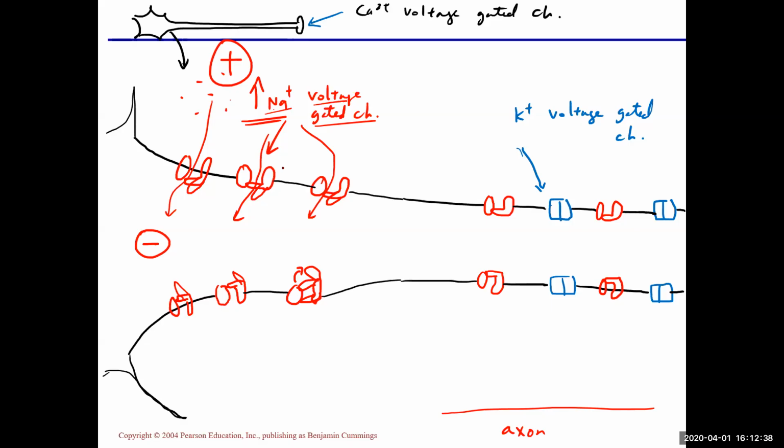When these channels are open and you have a higher amount of sodium outside, one reason sodium rushes inside is because you have lower sodium inside. The second reason is this positive and negative attraction. So this is called an electrochemical reason: electro because of the charge, chemical because of the different chemical concentrations, higher sodium outside as opposed to a lower amount of sodium inside.